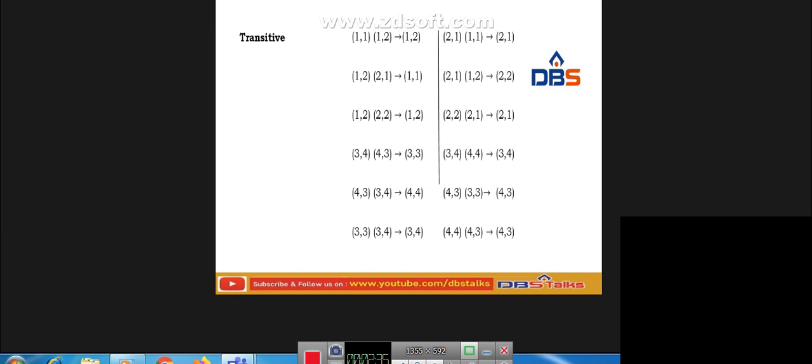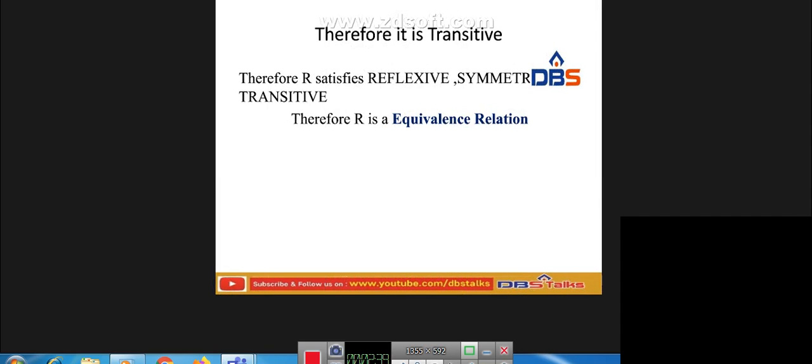So transitive is also satisfied. Therefore, capital R satisfies reflexive, symmetric, and transitive. Then capital R is an equivalence relation.